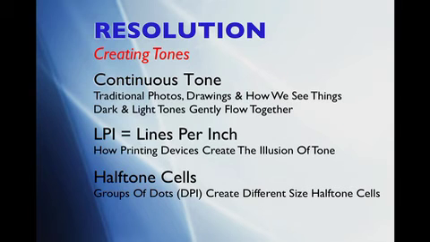And so what we end up with is halftone cells in different sizes and groups of dots that make up these larger dots, if you will, that are halftone cells. And we only have halftone cells if we have a photographic type image that needs to be reproduced. Otherwise, it doesn't matter. It's just not a factor in our thinking.